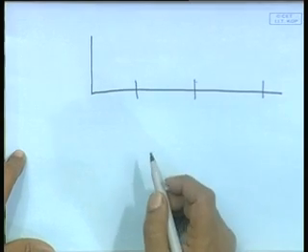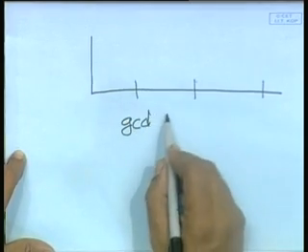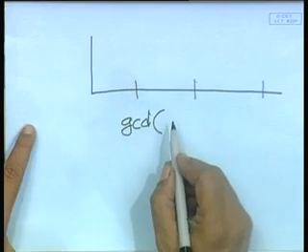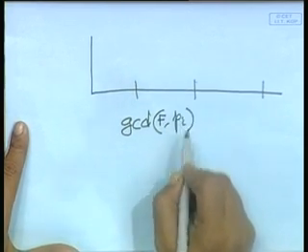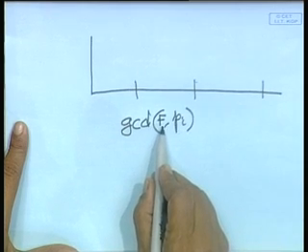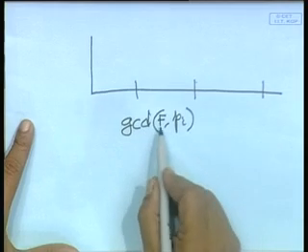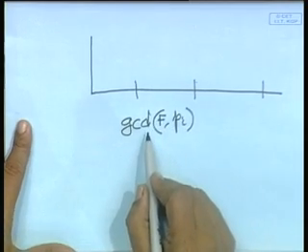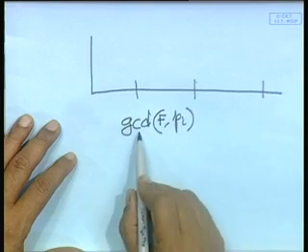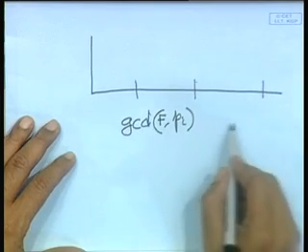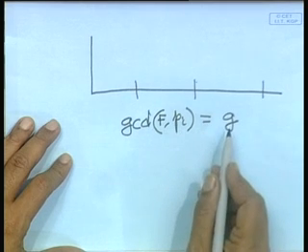Let us assume that the claim about GCD of f and Pi is not true. GCD(f, Pi) is a factor of both f and Pi; both f and Pi are multiples of the GCD. The GCD is the highest common factor, right. Let me just write G. G is a factor of both f and Pi.